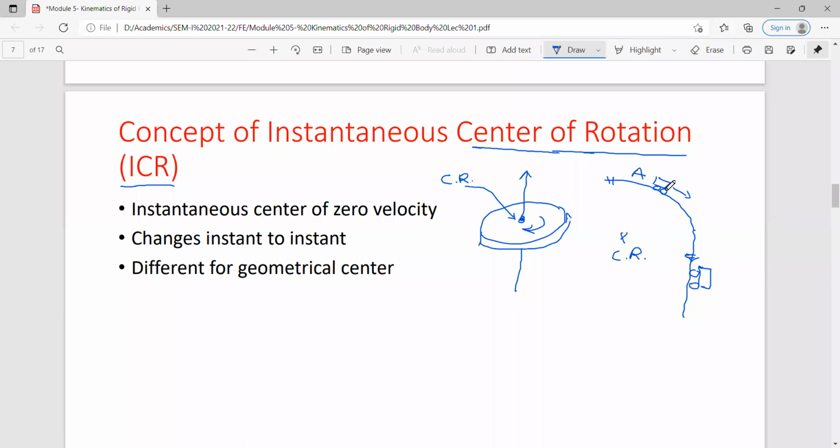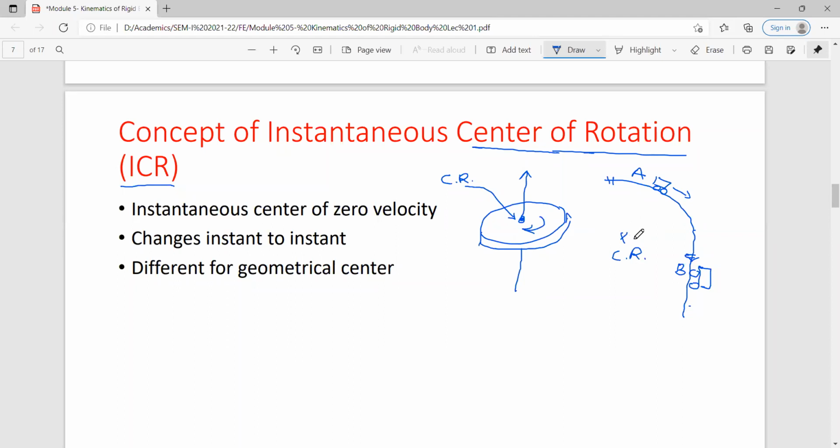But as soon as the car is on this straight path, or the path B that starts from here, would you say that it is still rotating and its center of rotation is this one which we marked here earlier? Can you say that?